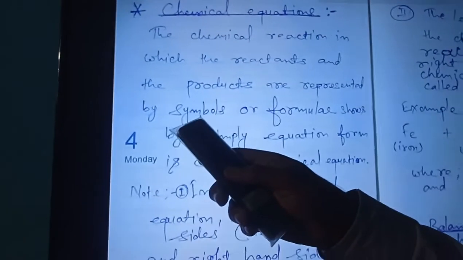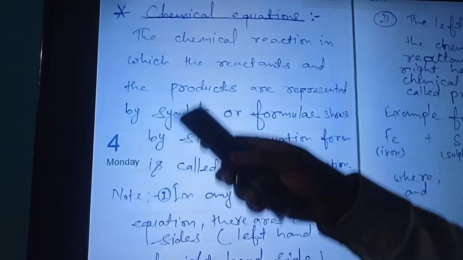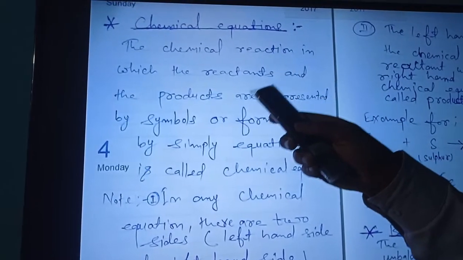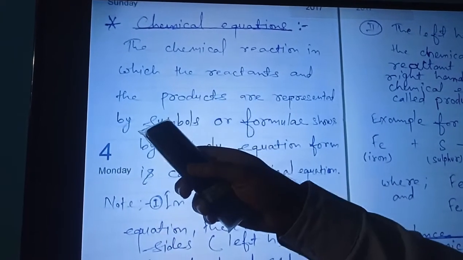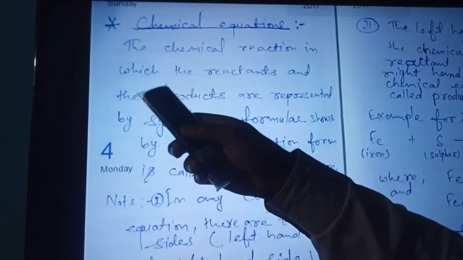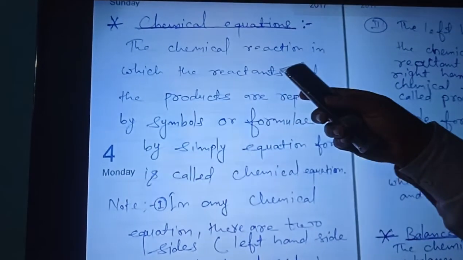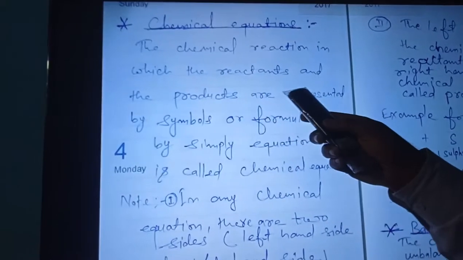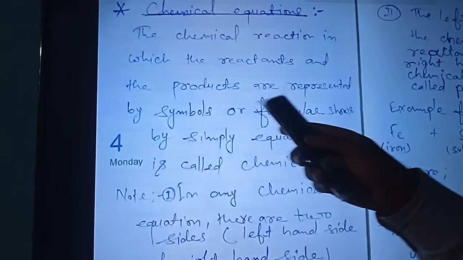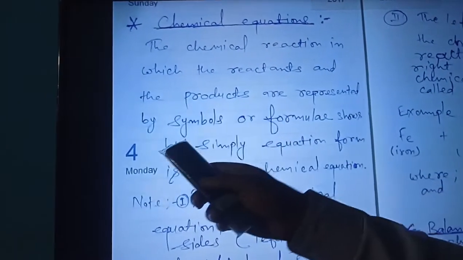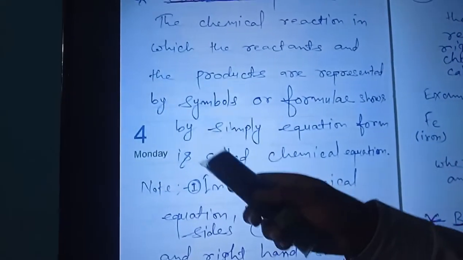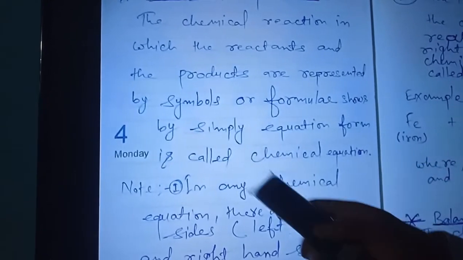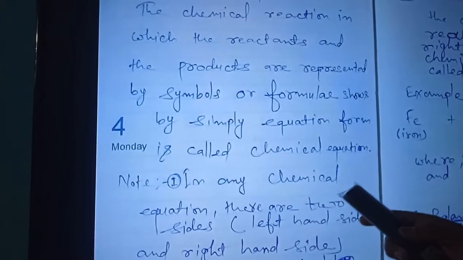Let us now discuss chemical equations. What is a chemical equation? The definition is this: a chemical reaction in which the reactants and the products are represented by symbols or formulae, shown in simple equation form, is called a chemical equation.